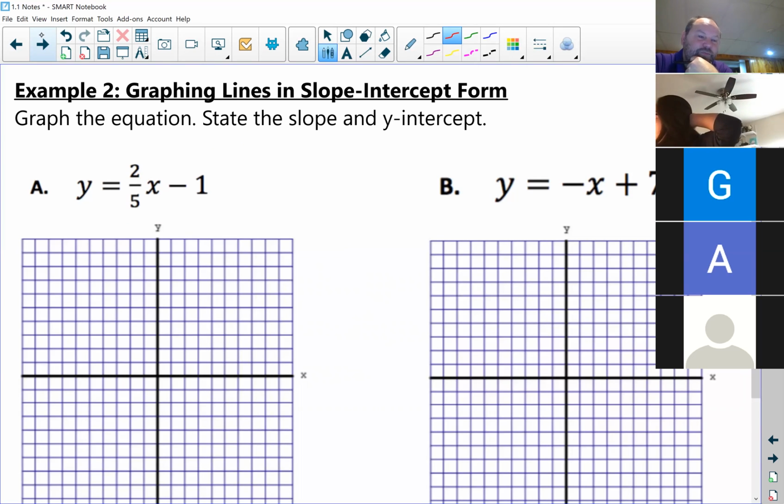So our first example, y = 2/5 x - 1. In our steps to graphing equations in slope-intercept form, it says start by graphing the y-intercept. What is the y-intercept in this case?